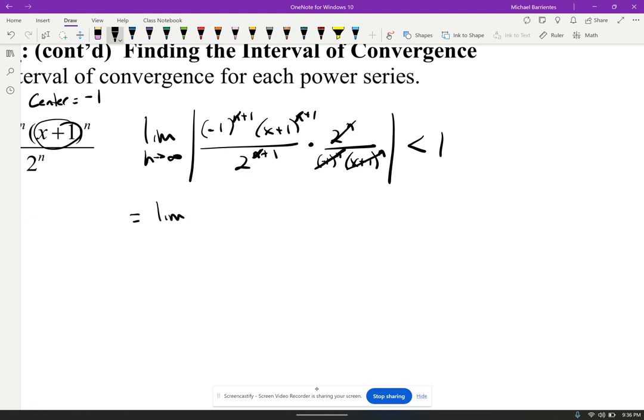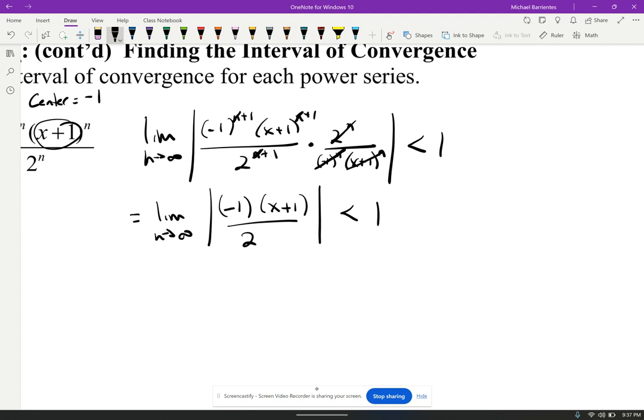So what is left over? The absolute value of -1 times (x plus 1), divided by 2, and that's it. Take the absolute value and make it less than 1.